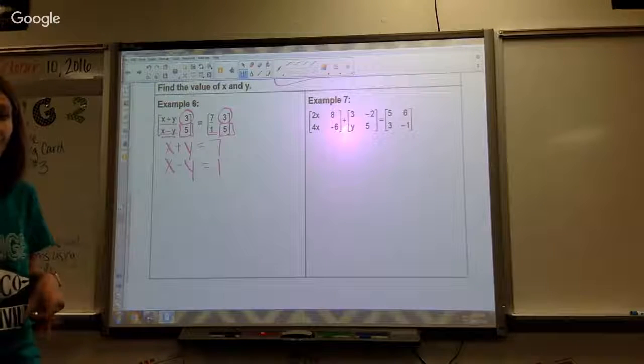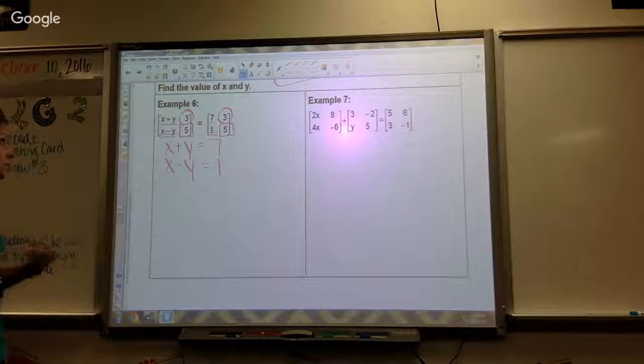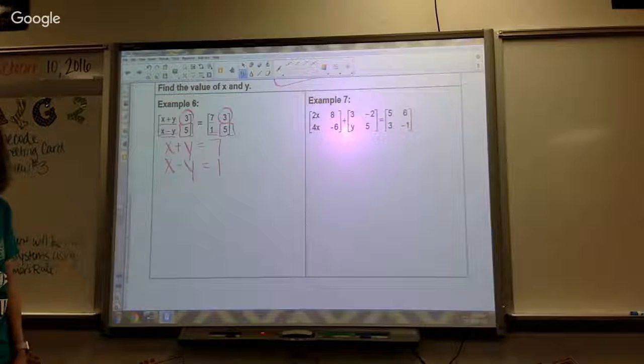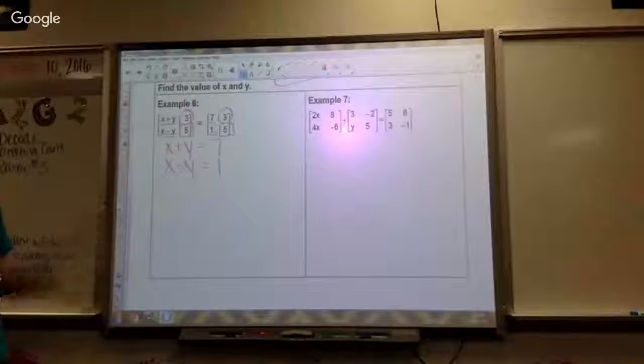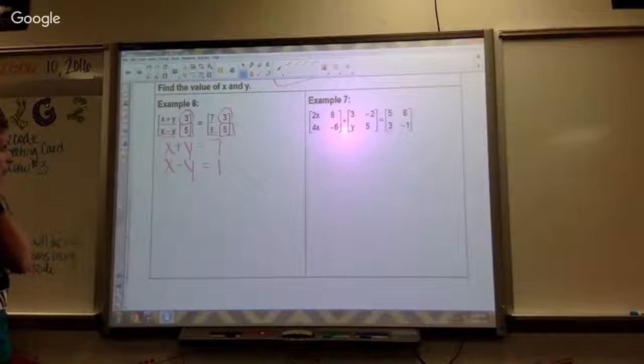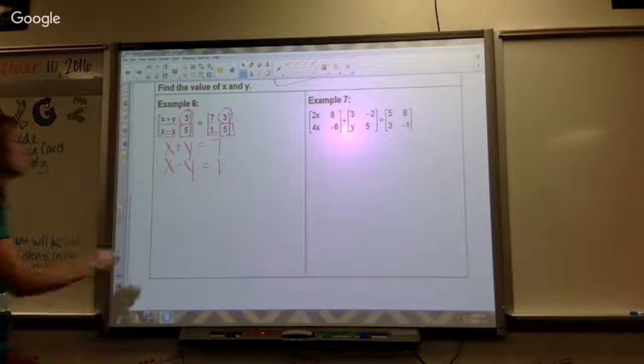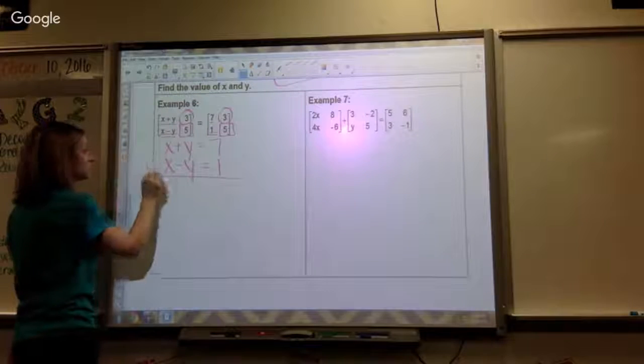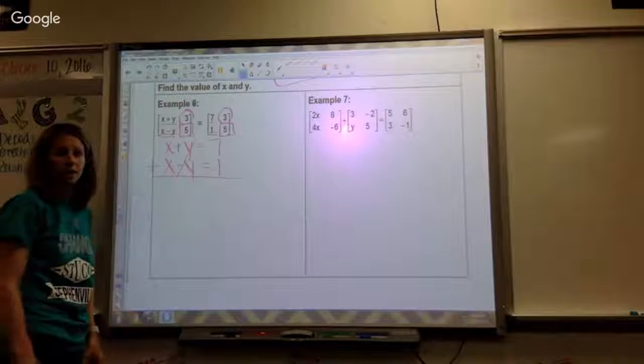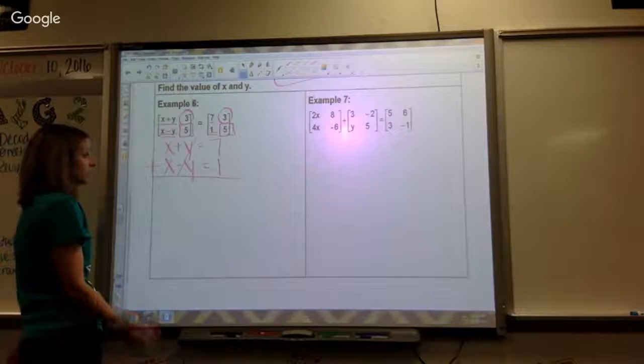Okay, so we have two equations that we're trying to find x and y. Notice both of them have an x and a y, so we're not able to just solve for one. We have a system, which means two or more equations. We'll have to either use substitution or elimination. Notice if we were to combine these two, the y's would automatically eliminate. So I'm going to use elimination.